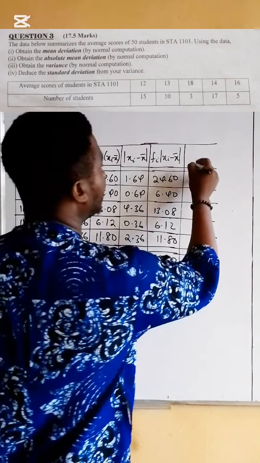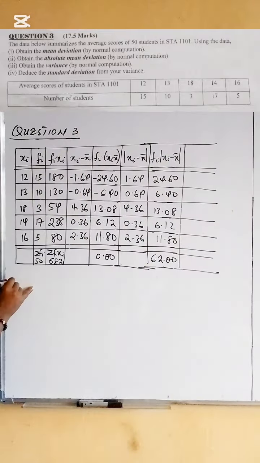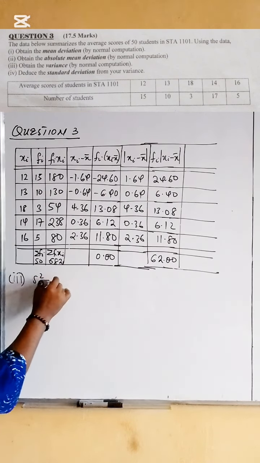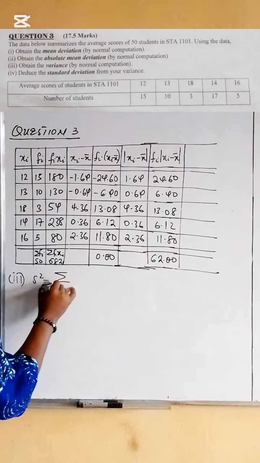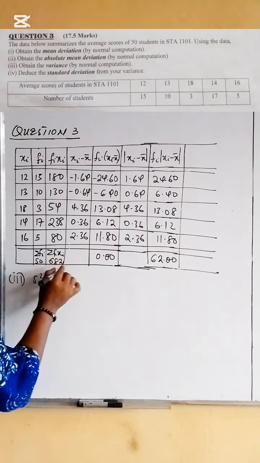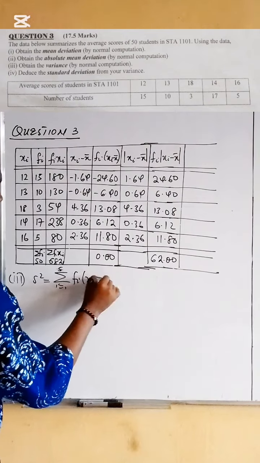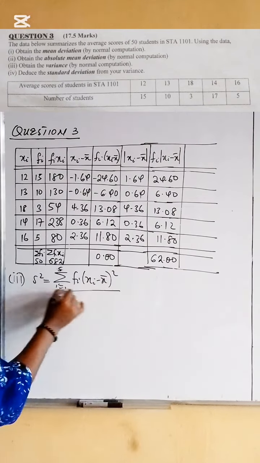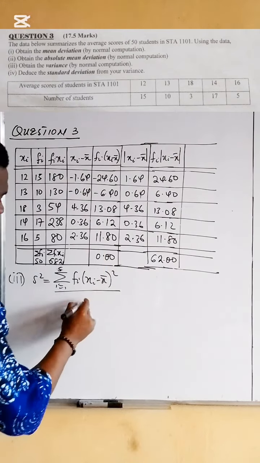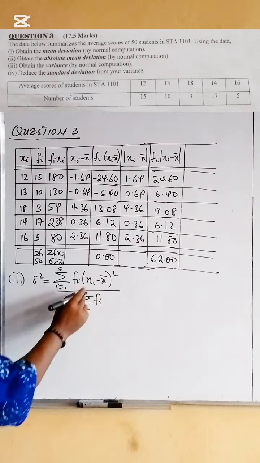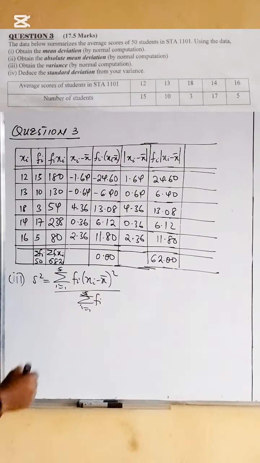Now for the variance, we are going to start with recalling that number 3, variance, using the normal method, requires that you would compute S squared. I would suggest in this instance you use this formula: summation Fi (xi minus x bar) all squared, all over summation Fi from i equals 1 to 5 in this case, to save you space in your table.